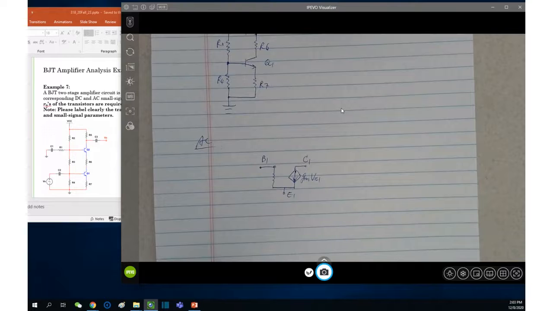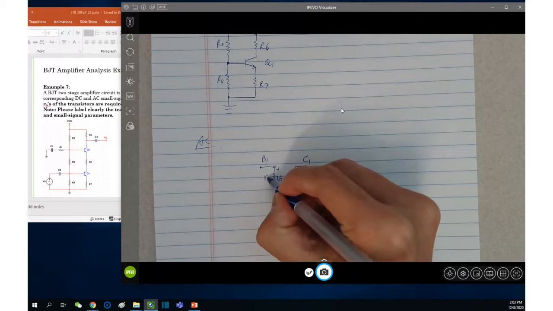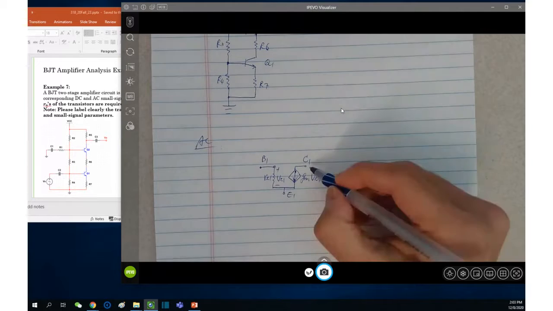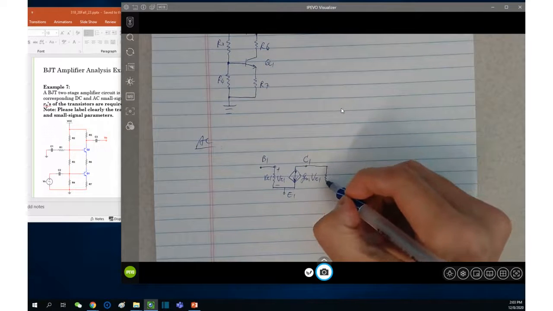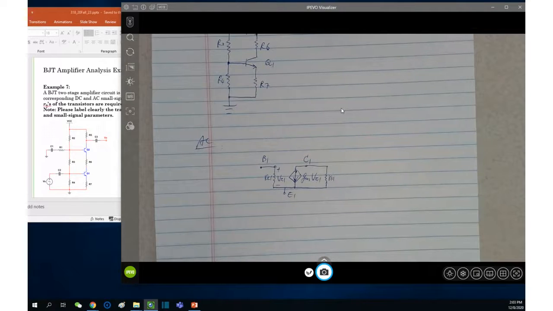B1, C1, E1. Definitely makes sense to you. But GM1 V pi 1, you need subscripts as well. So this is V pi 1, and this is R pi 1. This is Q1. Now we are done with Q1. Well, not done yet until we involve R0, right? The problem asks for involving the output resistance R0. So this is Q1.